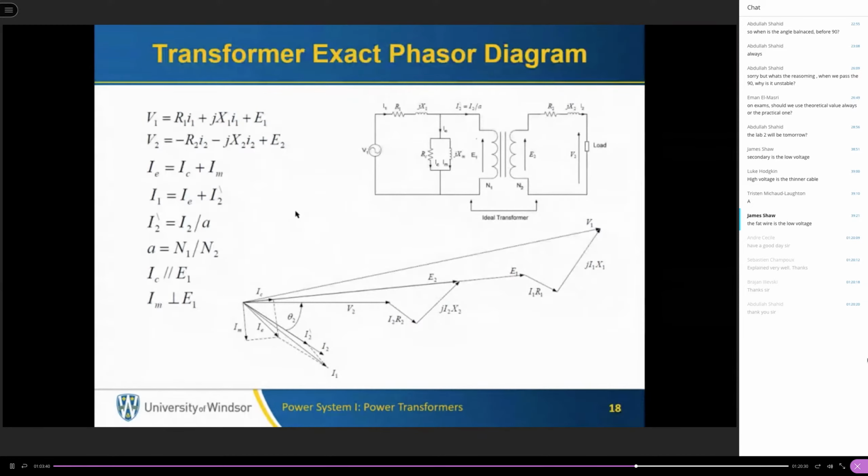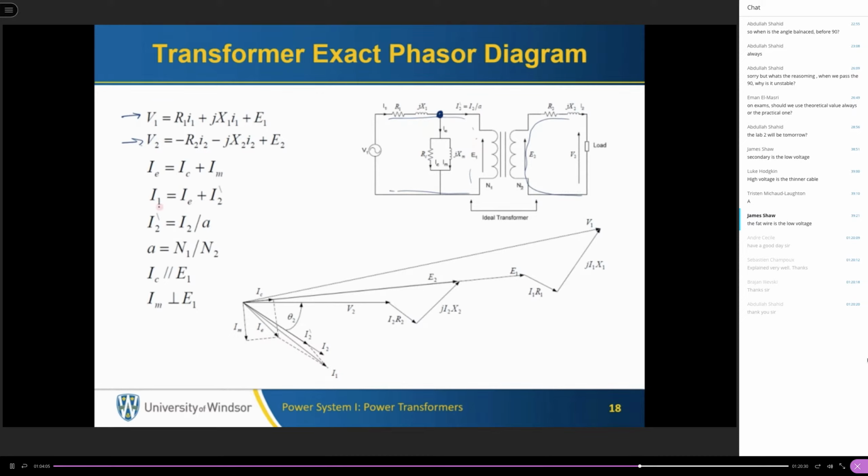Now let's look at the exact phasor diagram. We can write two equations for V1 and V2, as you can see. You apply Kirchhoff voltage law on this loop, and another equation for this loop. We can apply Kirchhoff current law at this node.